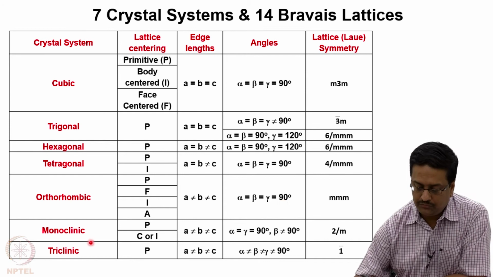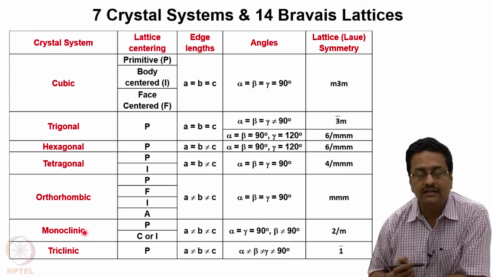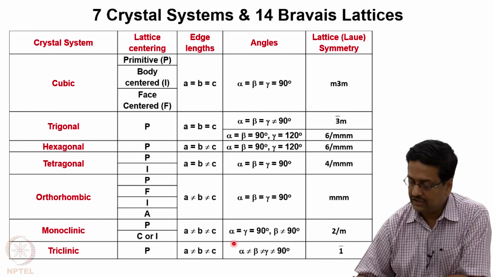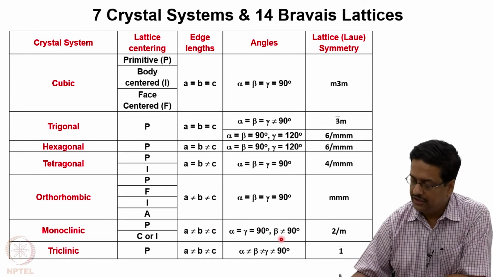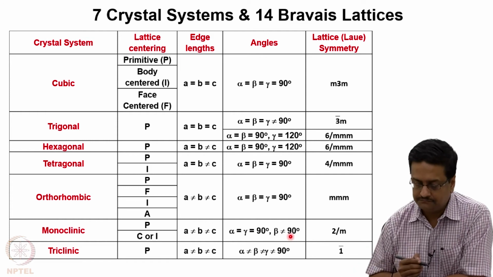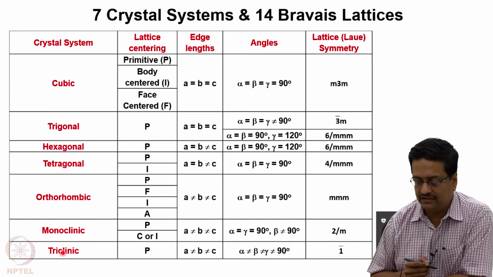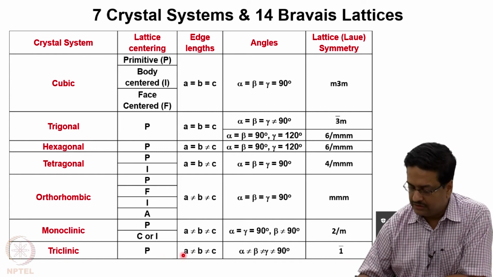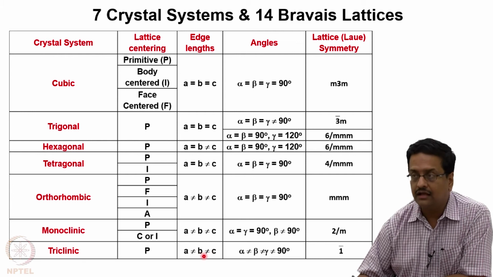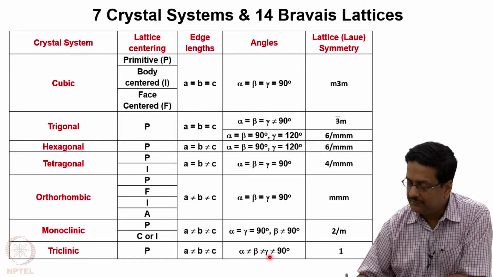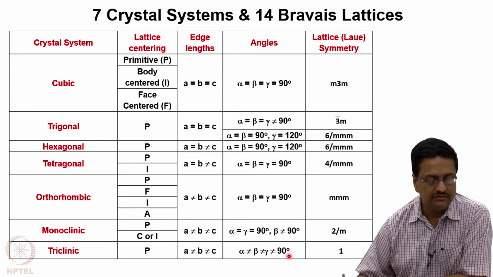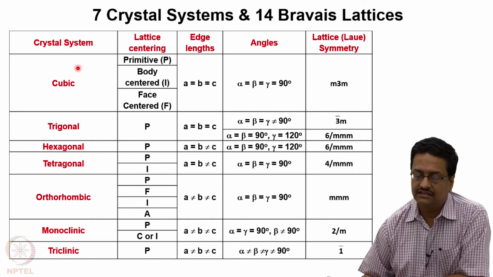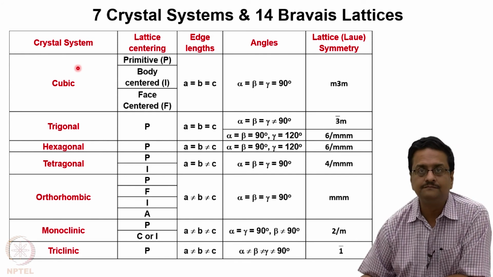The second from the bottom is monoclinic, where a, b, c are not same, alpha and gamma are 90 degree and beta is not 90 degree. And the most unsymmetrical is triclinic, where a, b, c are not same, alpha, beta, gamma are also not 90 degree. So this most unsymmetric to most symmetric crystal systems are identified here.